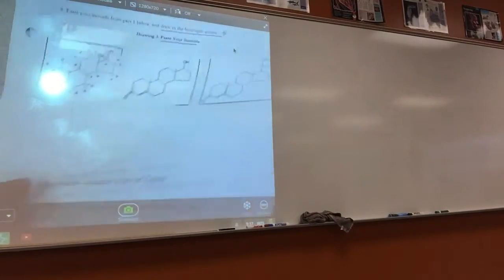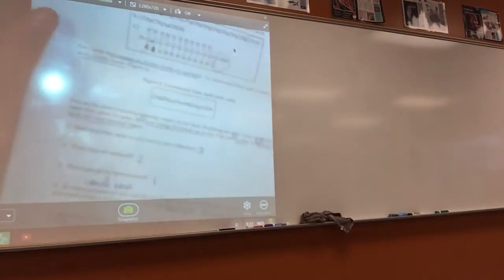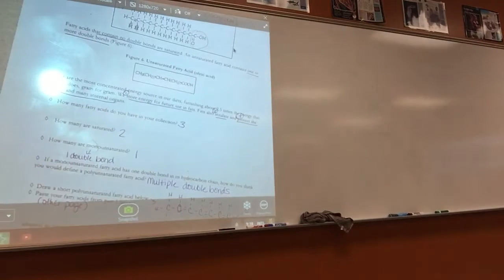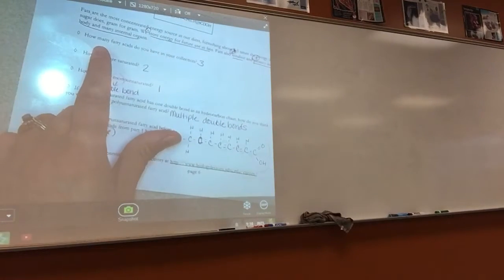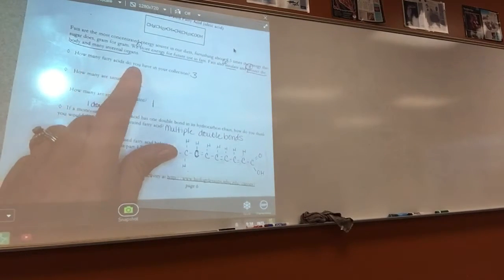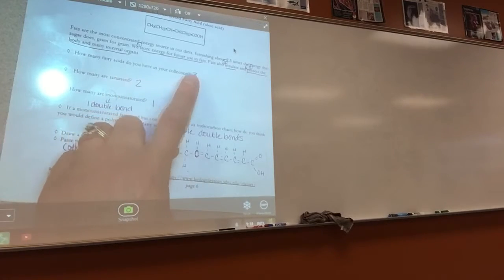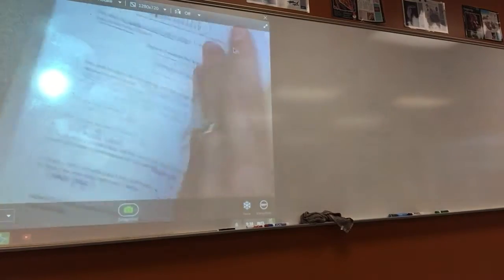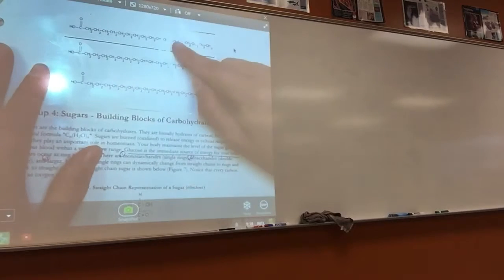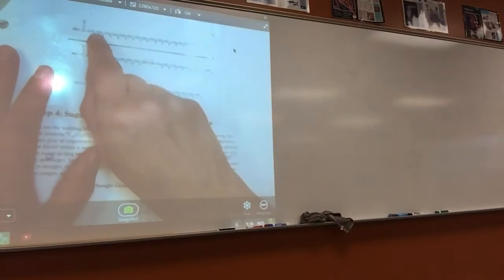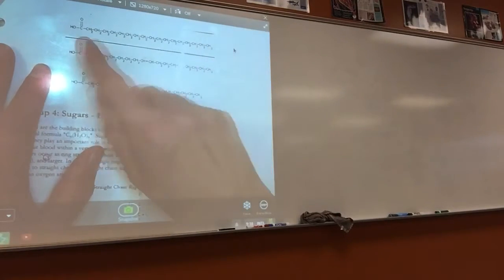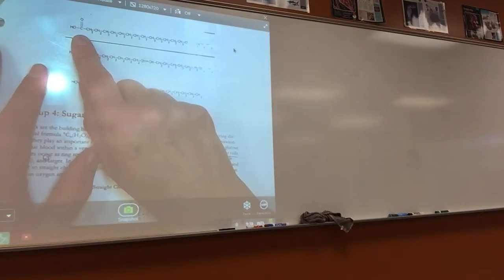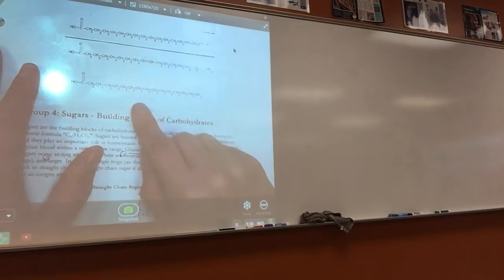Fats are made out of fatty acids. Looking at this here, it asks you down below, how many fatty acids do you have in your collection? There should be 3, and they look like this: 1, 2, 3. Fatty acids have a hydrocarbon chain and a carboxyl group. That's what you look for in a fatty acid. So we have 3.